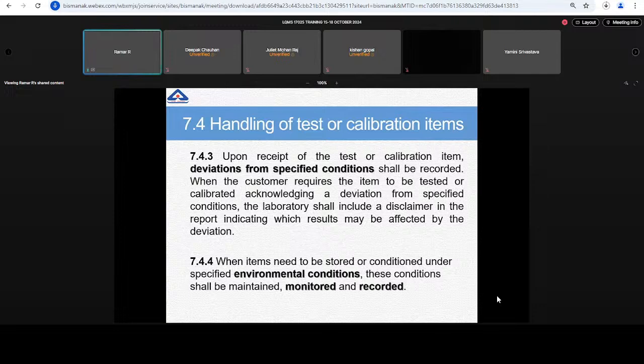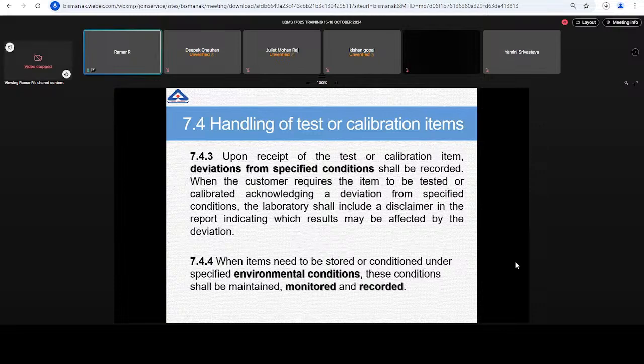Suppose any deviations are identified and it is not met as per the contract, then the same must be recorded and intimated to the customer. So we have received the sample with some deviations; these are the deviations.